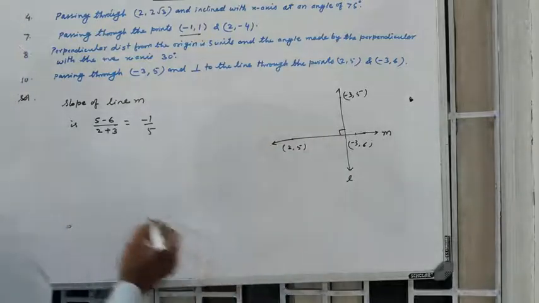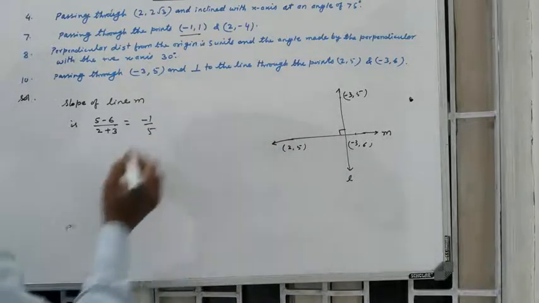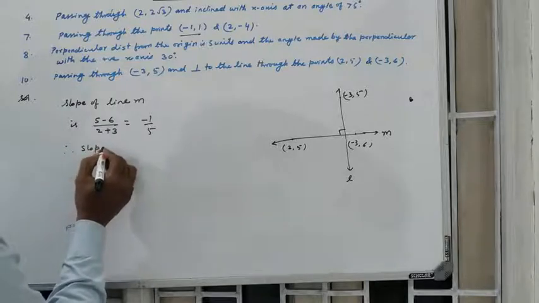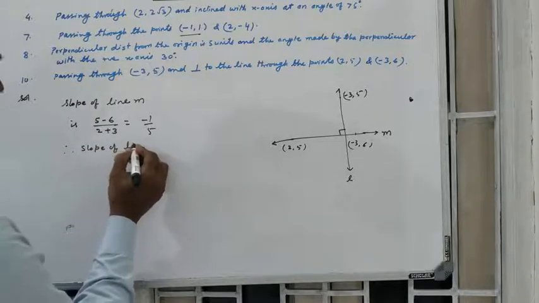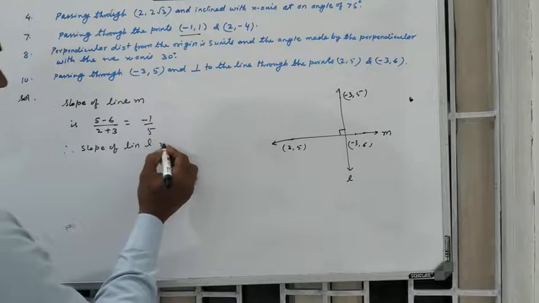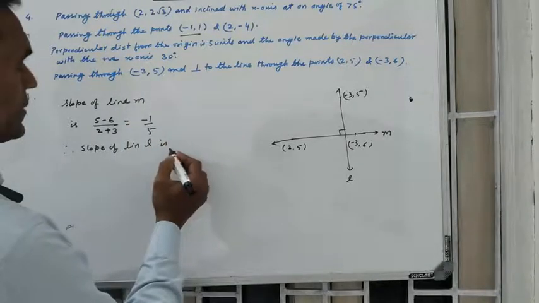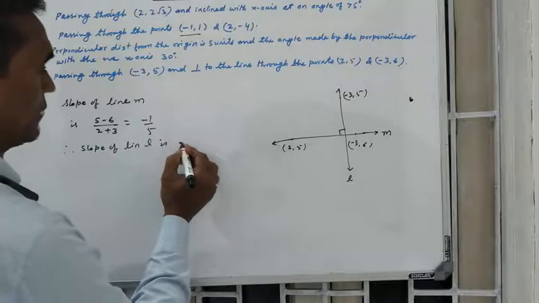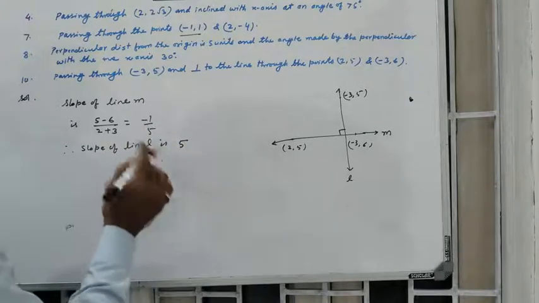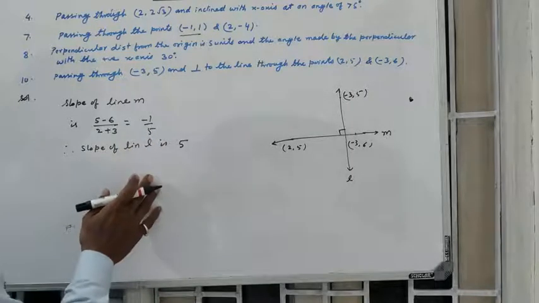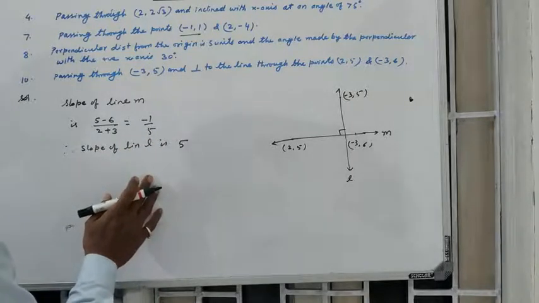So the slope of line L is the reciprocal with sign change, so 5, because the product of slopes of 2 perpendicular lines is -1.